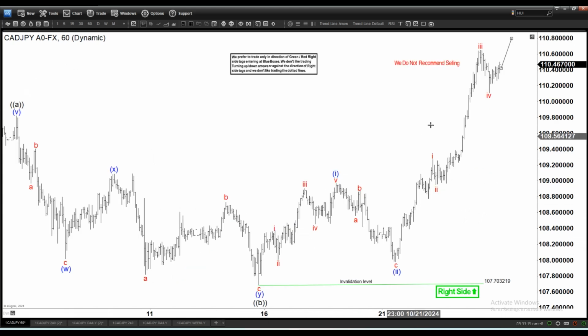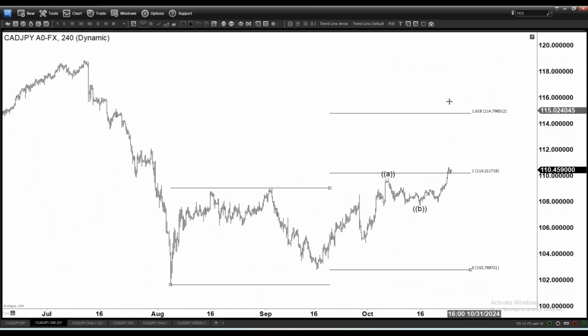It doesn't matter what the 1 hour chart shows. It still can extend higher. Yes, it is logical. The structure looks incomplete, but sometimes the structure does not extend more than what you think. So meaning, because we have reached the minimum, the higher time frame basically supersedes the lower time frame, and in this case we know that once we reach this area, I think it's kind of risky.